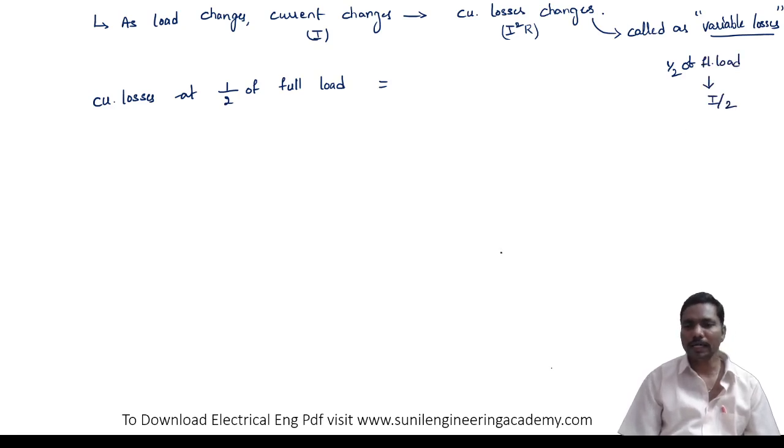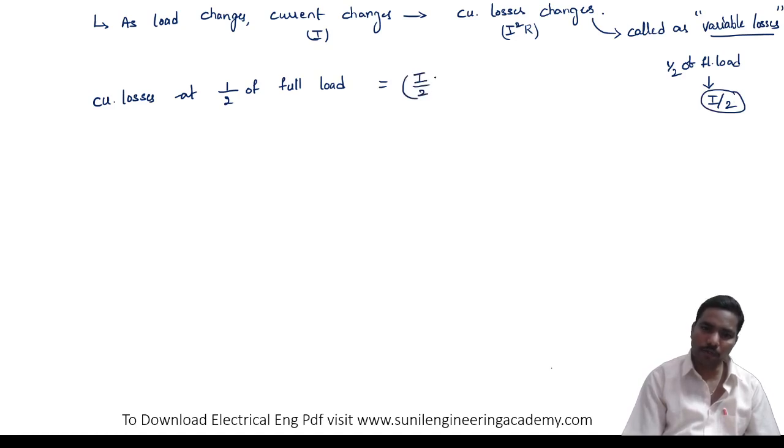At full load, the current is I. At half of the load, the current will become half. So in place of I, I am substituting I by 2, squared.